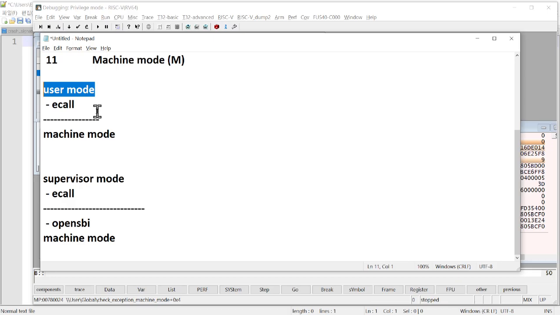If the previous privilege mode was machine mode, the interface for OpenSBI should be called. Or if the previous privilege mode was supervisor mode, another handler is used.